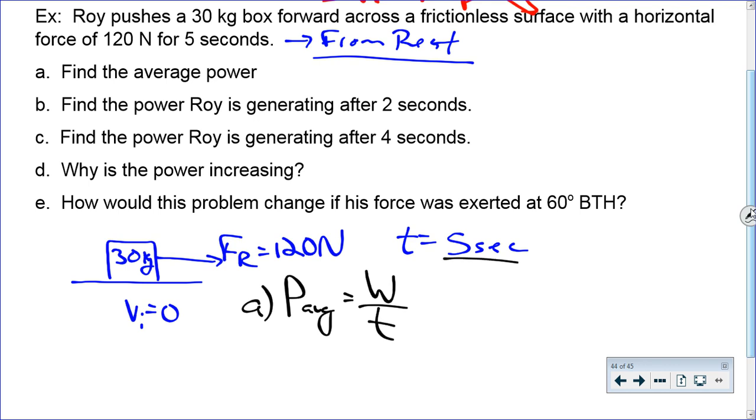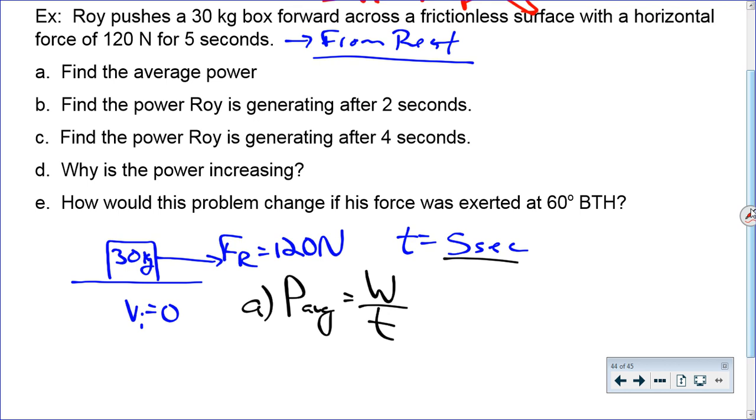We know the time is 5 seconds, but we have to find the work, which means we need to either find the change in energy or find the distance that the box went. There are a couple different ways of doing this. In fact, it's worth your while to pause it right now and figure out how much work this does. There's no one easy way to do it. It's going to be a couple steps no matter what.